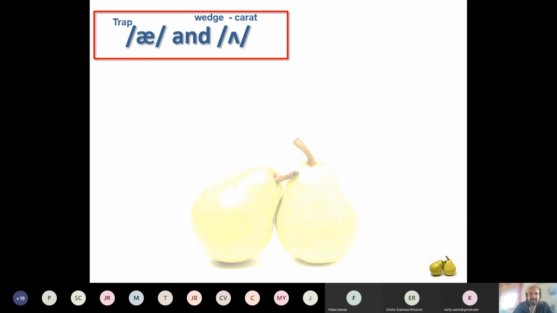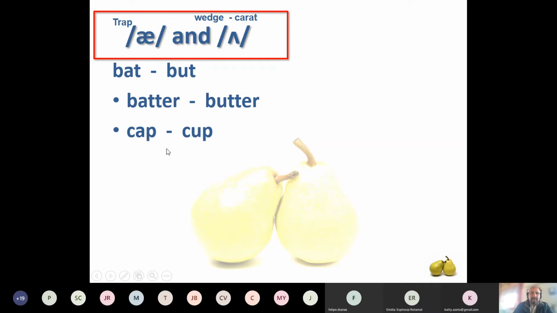And also the practice. I mean, you're expected to be able to produce the vowel in trap and the vowel in hut, as in the examples here. Bat, but. Batter, butter. Cap, cup. Okay, so you're expected to apply the knowledge into a reading aloud context, for instance.